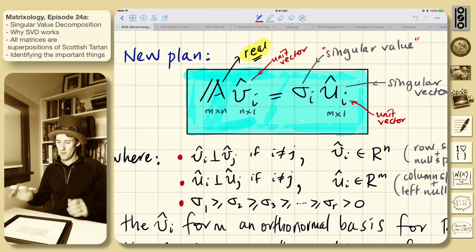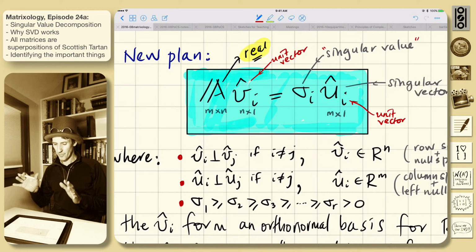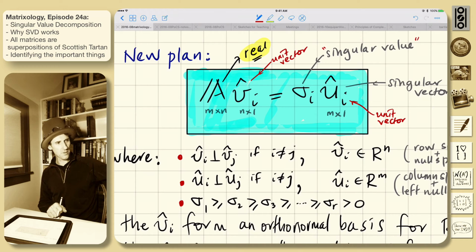New terms. So v is going to live in Rn, right? That's where the x's live, and we have b, Ax equals b. b lives in Rm, that's where the u's will live. So the u's will form a very nice orthonormal basis for Rm.